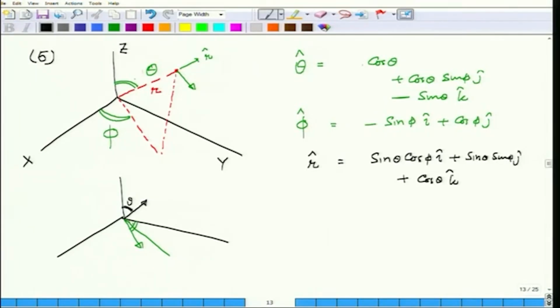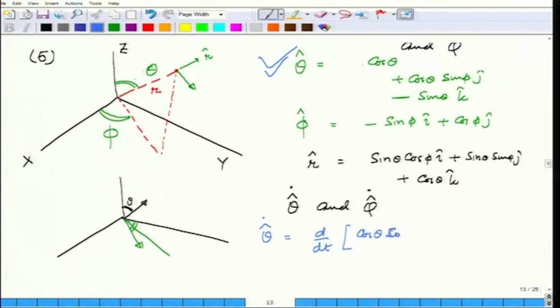And what I want to do in this problem is find theta unit vector dot and phi unit vector dot. To calculate theta unit vector dot, let me differentiate the expression given here. This is going to be d by dt of cosine of theta cosine of phi I, plus cosine of theta sine of phi j minus sine of theta k.